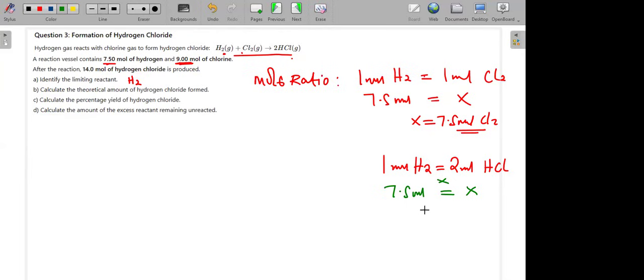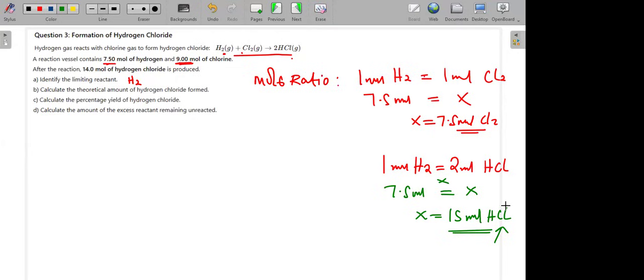Cross multiply: X is equal to 2 multiplied by 7.5, which is 15 moles of hydrogen chloride. Simply put, from the 7.5 moles of hydrogen gas, I produce 15 moles of hydrogen chloride.